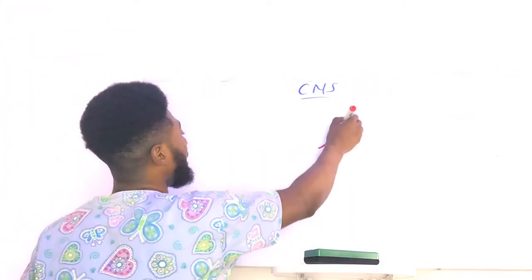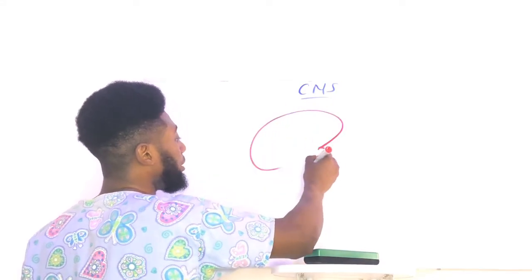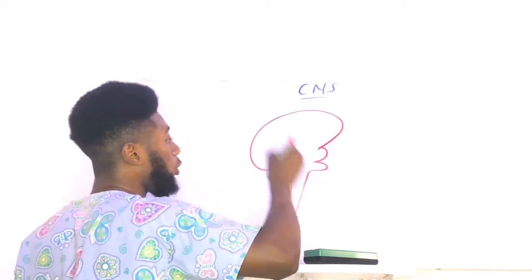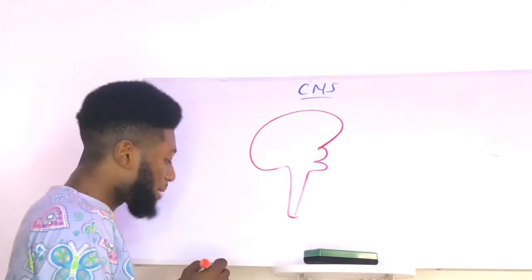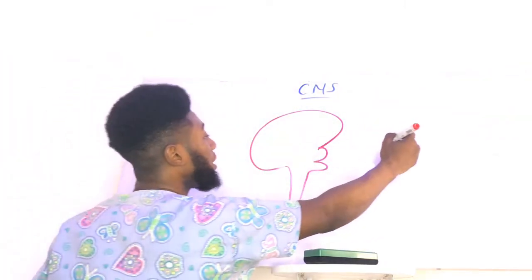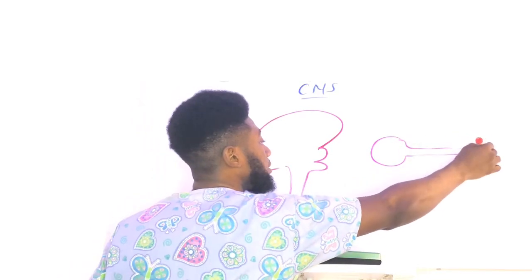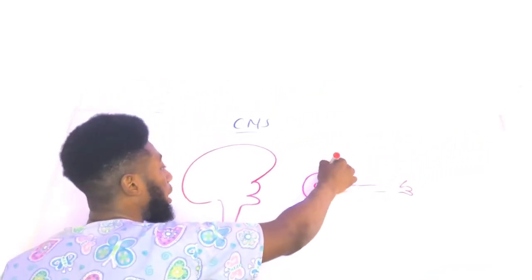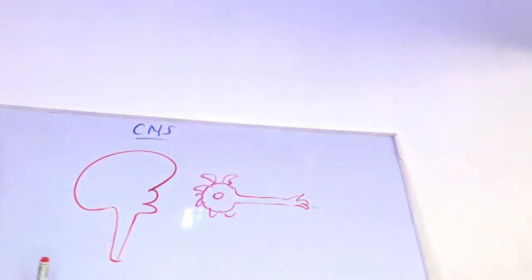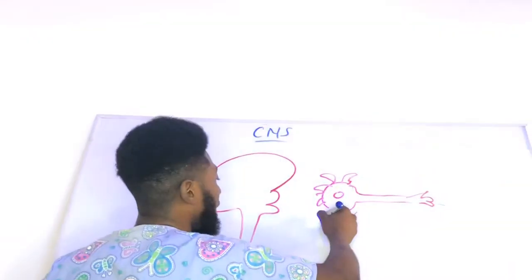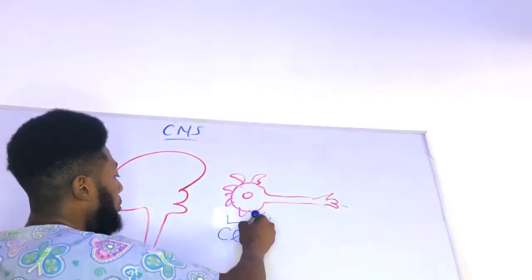This is my central nervous system, my brain and my spinal cord. If I say my axon, right? This is my soma. I am a cell body. I am a cell body.